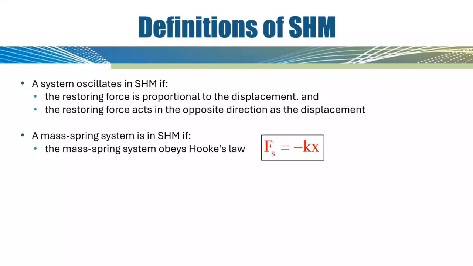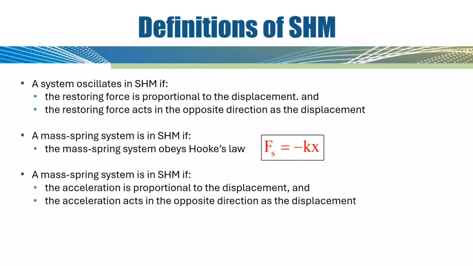It should also be noted that whatever is true about the force is also true about the acceleration from F equals ma. Since the mass is the same, if the force is proportional to the displacement, the acceleration is also proportional to the displacement. So simple harmonic motion can also be defined in terms of acceleration instead of force.